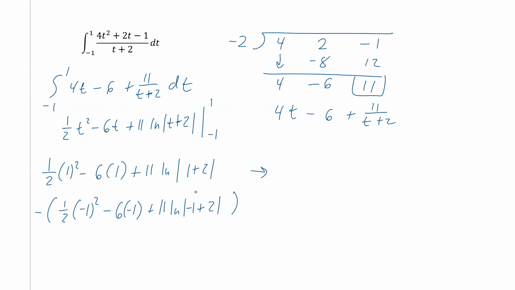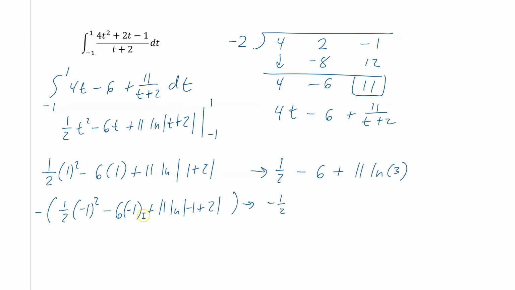Okay, and so our top one would become 1/2 minus 6 plus 11 ln of 3. And we can get rid of those parentheses now because it's positive absolute values.